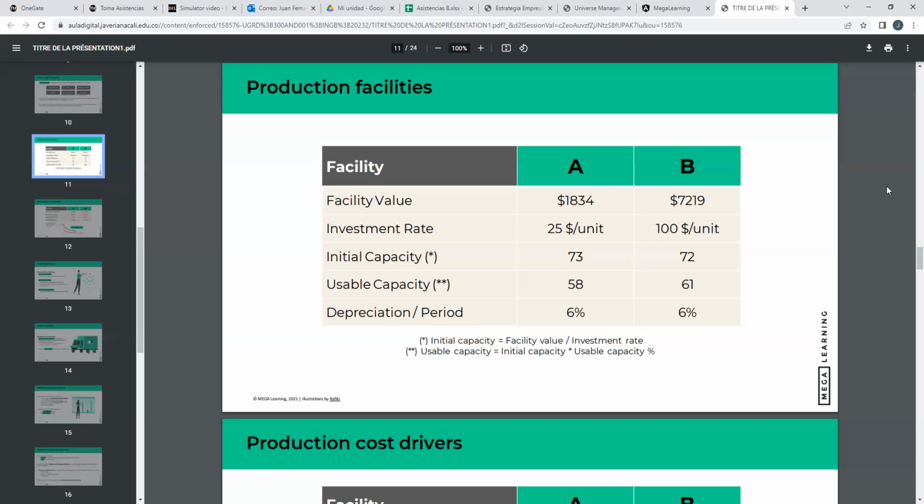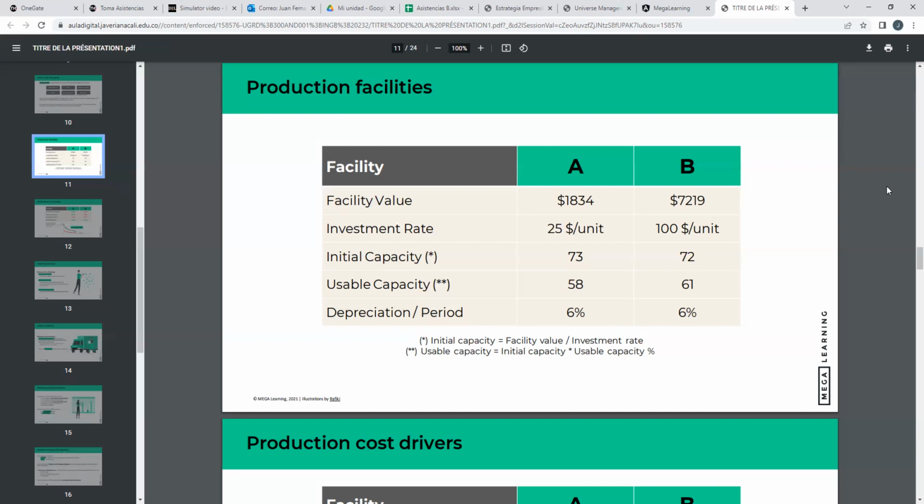Okay. What is important to understand is that you have one initial capacity, but you are going to be able to use less, for two reasons. One is the depreciation effect. If you do not continue to invest, the size of the factory is going to be reduced by the use of the equipment.